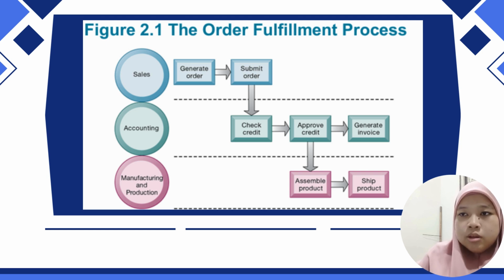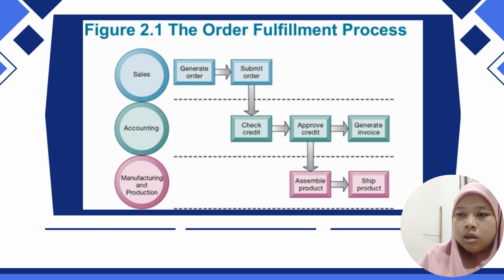The key steps in the process: first, the sales department. This department first generates the order. A new customer order is created, and then the sales department must submit the order, so the order is sent for processing. The second step is the accounting department.